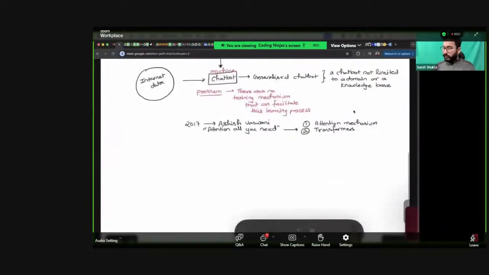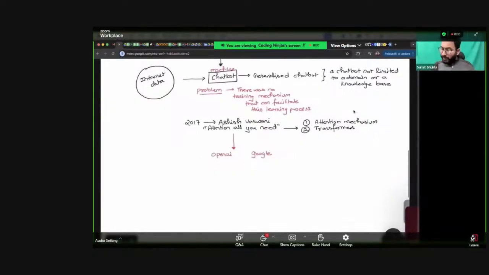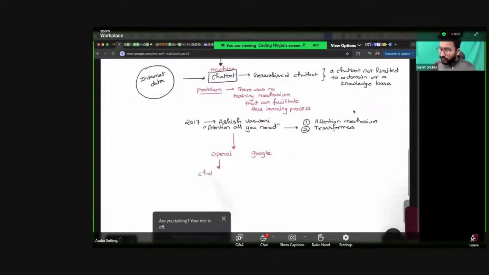So, using this ideation, which was proposed by Ashish Vaswani, OpenAI and Google both simultaneously started implementing this paper. OpenAI was able to first implement this paper, and they were able to launch their official chat model, which they named ChatGPT, in, I think, 22nd November 2021.